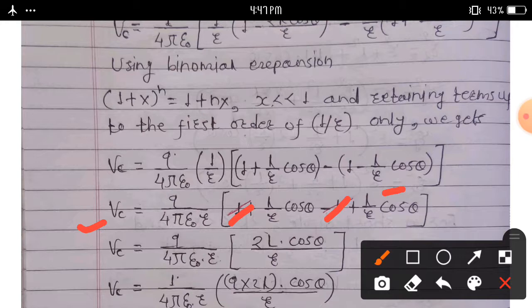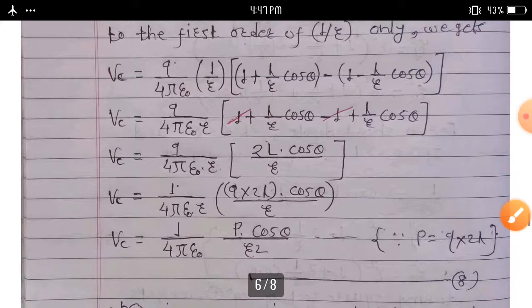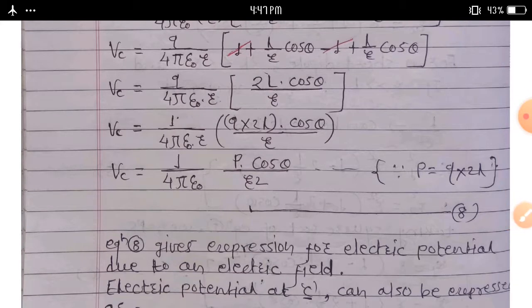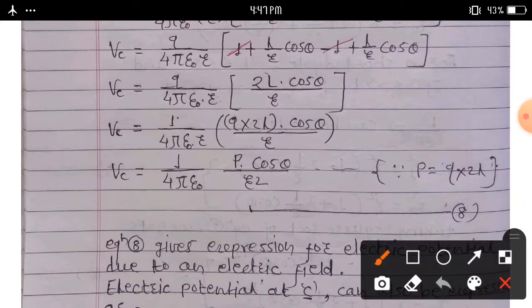When adding these, we can write Vc is equal to q/4πε₀ into r into 2l cos θ. Therefore Vc is equal to q/4πε₀ r into 2l cos θ/r.